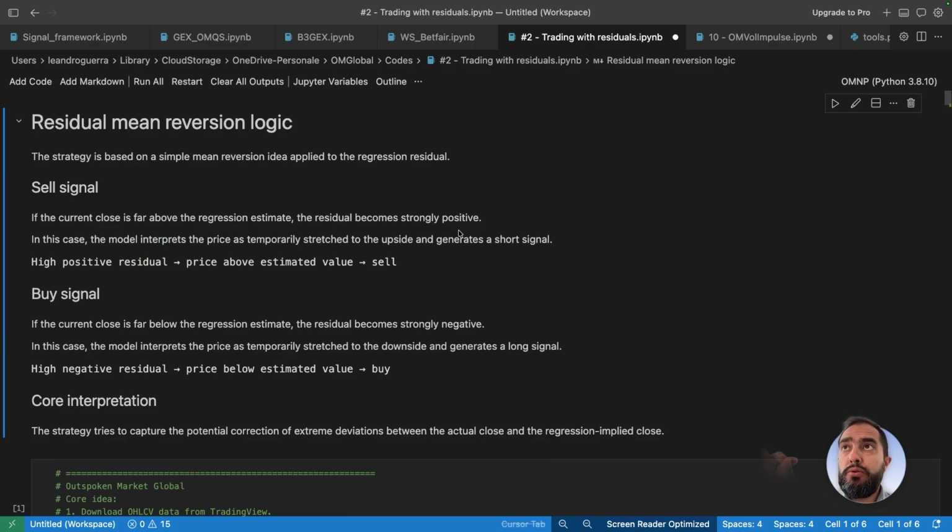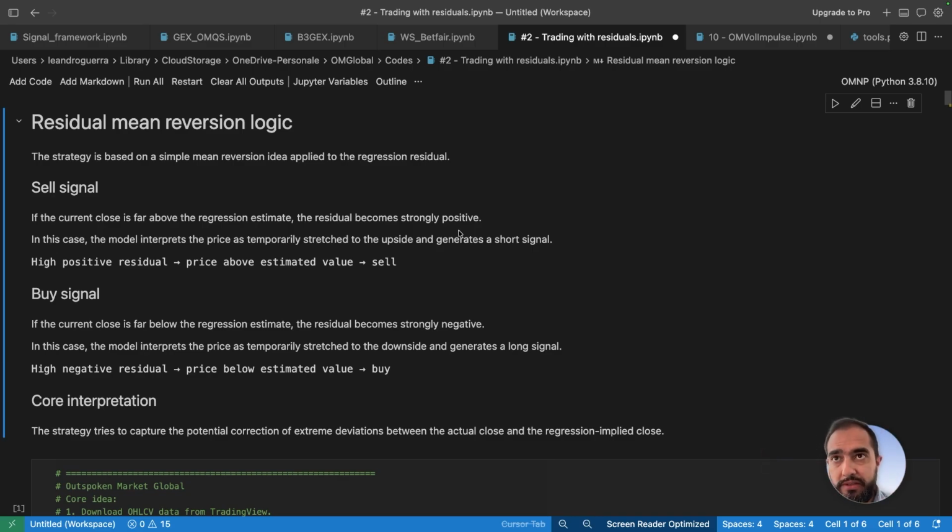Okay, so the key idea is the following: the market will do whatever it has to do. So we are not trying to go for the ultimate precision in following a trend or detecting a movement.